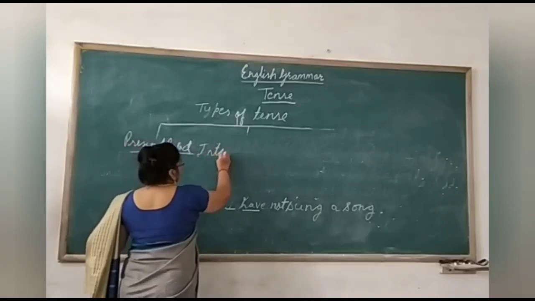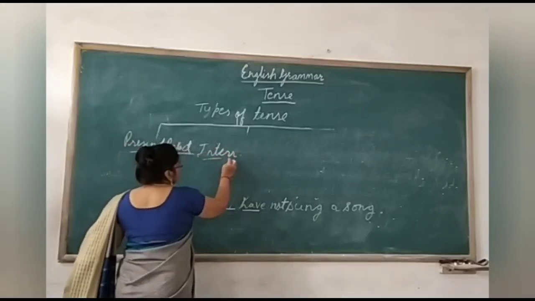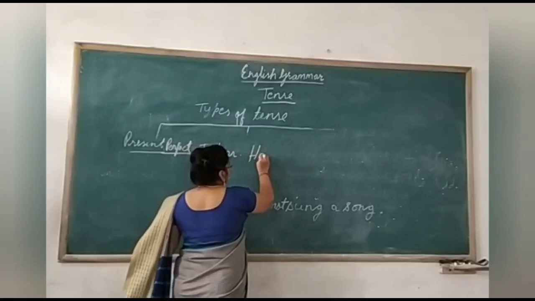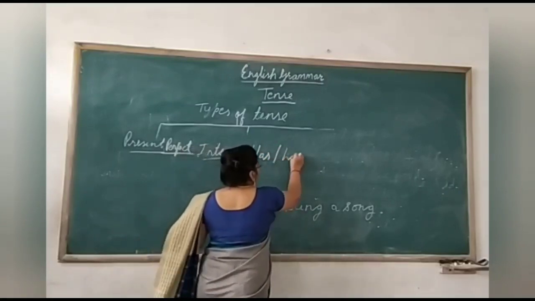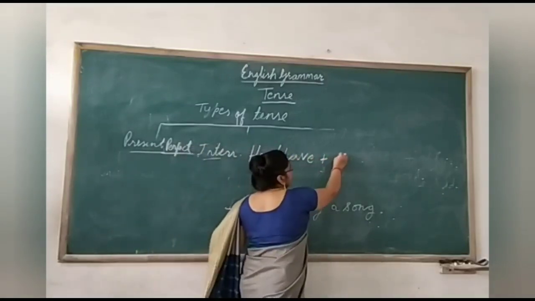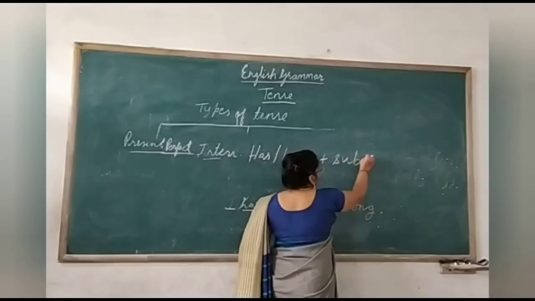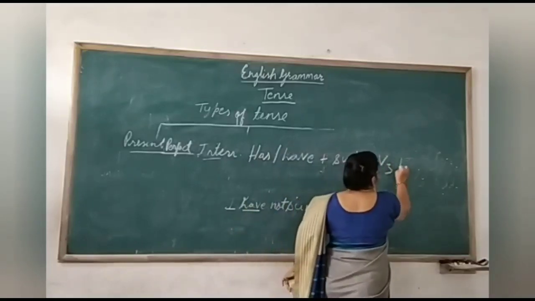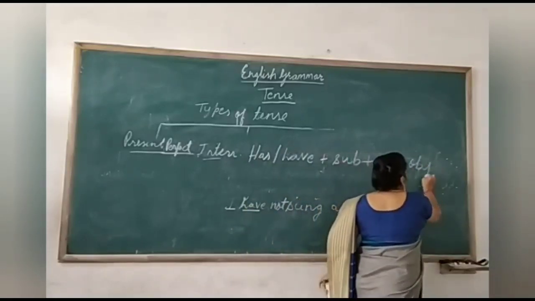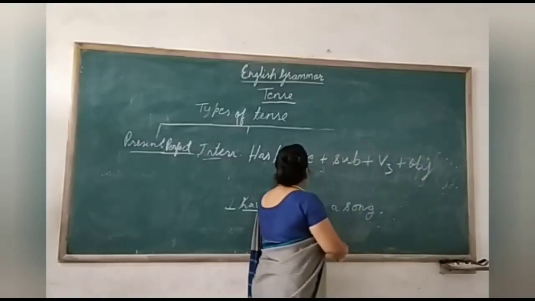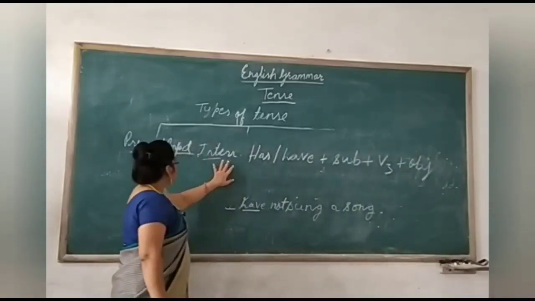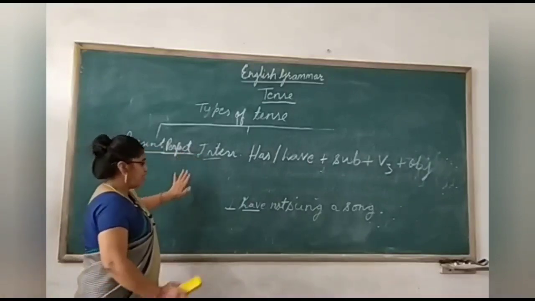What will be the structure? Has, have, plus then you write the subject, then V3, then object. This will be the structure of the interrogative sentence of present perfect tense.